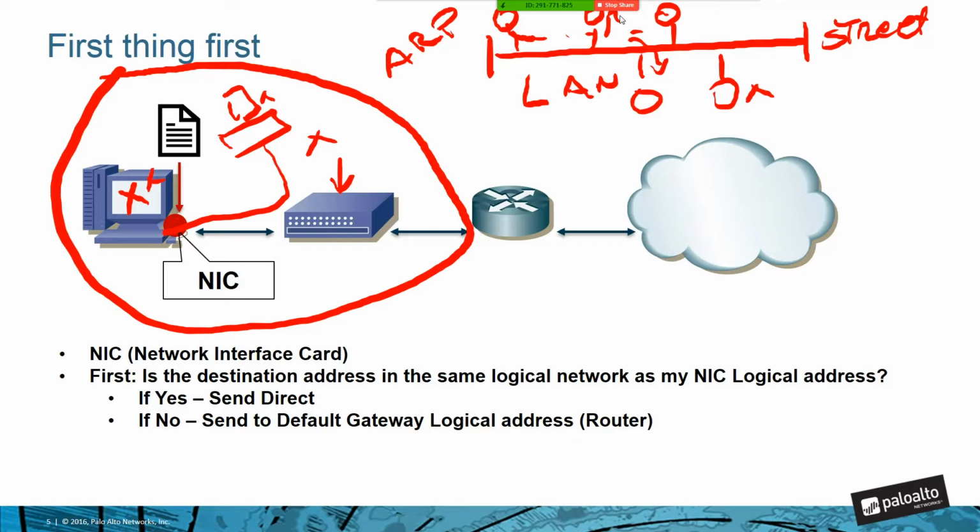If the answer is yes, he's going to scream back, I am Mr. Casablanca. By the way, my house number is 501. So he will learn the address. He will build a little table, which is called the ARP table. And from that point forward, it will send all the traffic directly, and this guy's going to reply to it.